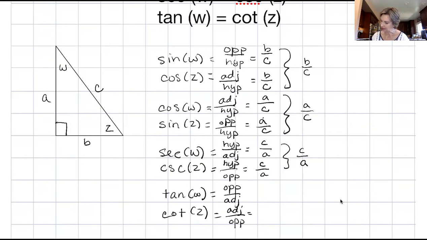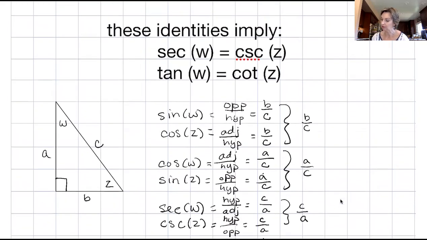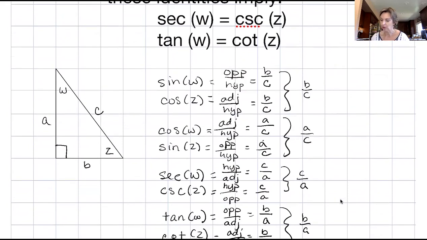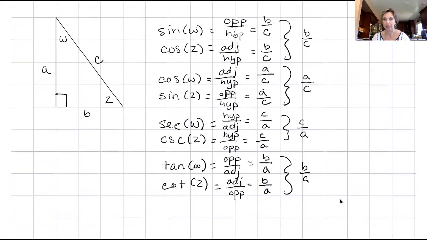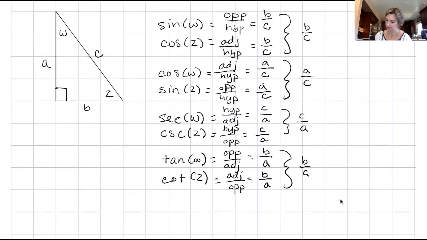Okay, so for angle W, opposite is B, adjacent is A. And for Z, adjacent is B, opposite is A, and they both equal B over A. So we checked all four of those statements, and indeed, they all worked out to be true for this right triangle. W and Z are complementary angles.